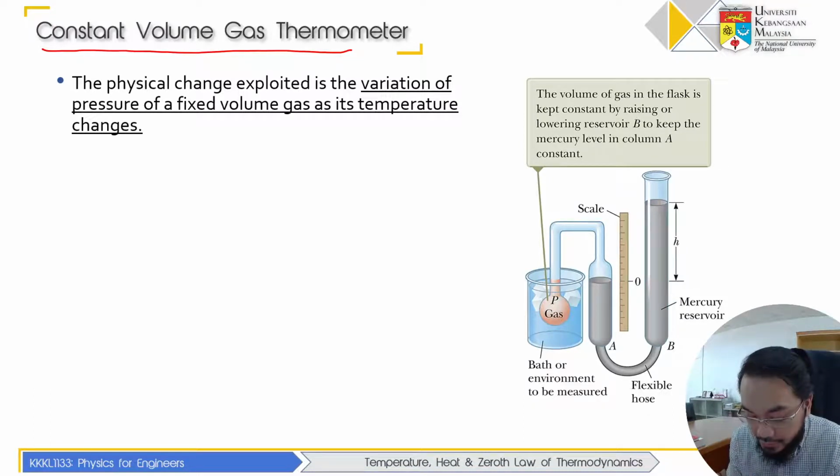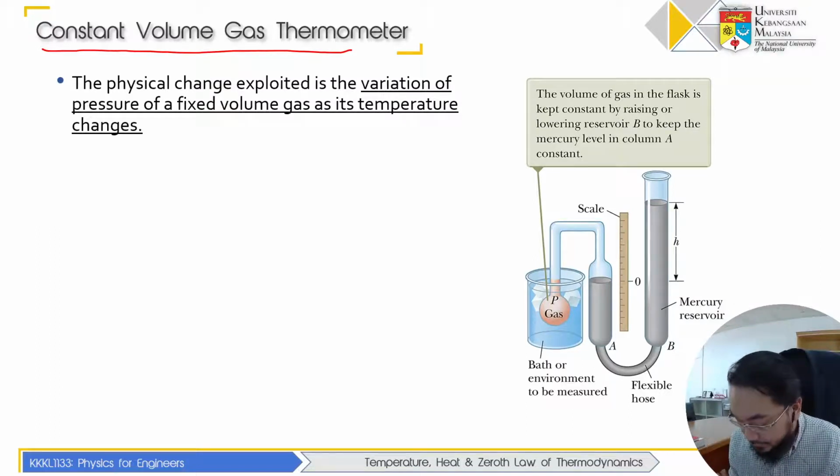The physical change exploited is the variation of pressure of a fixed volume of gas as its temperature changes. So in this thermometer, we look at how the gas is applying pressure on a fixed volume of gas. So if we can maintain the volume of the gas fixed, that means any change of temperature will change the pressure of the gas.